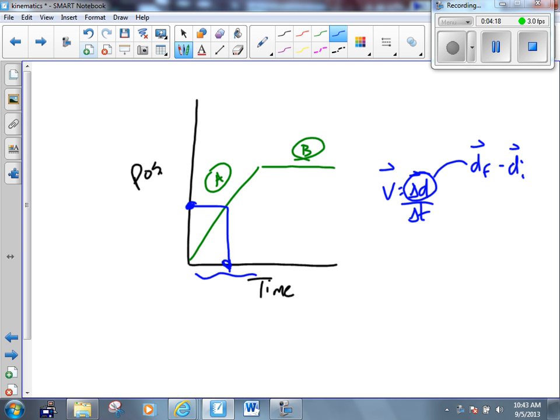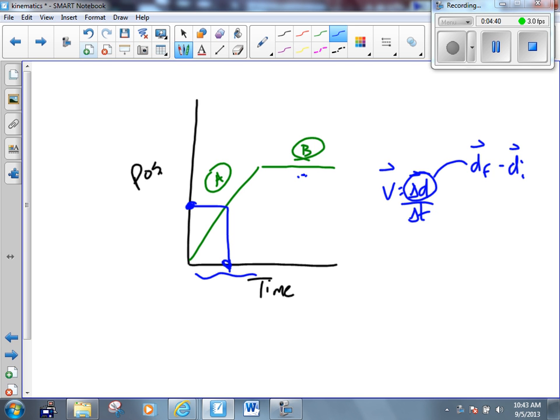So, in order to get velocity, we need displacement. In order to get displacement, we need position. And to get position, somebody told me already, we go up and over. Does that make sense? All right. What would be the velocity of stage B?